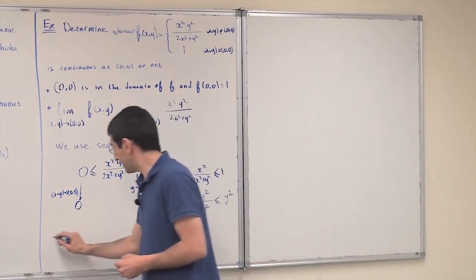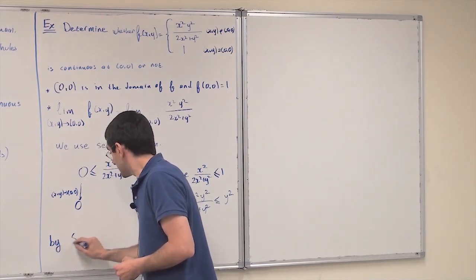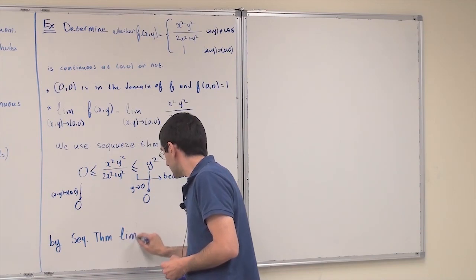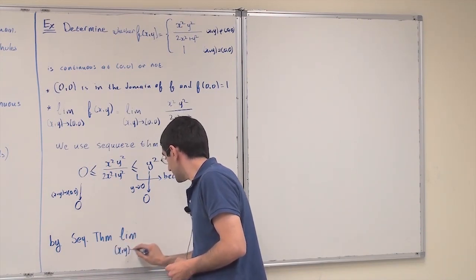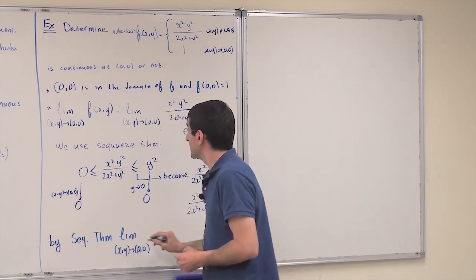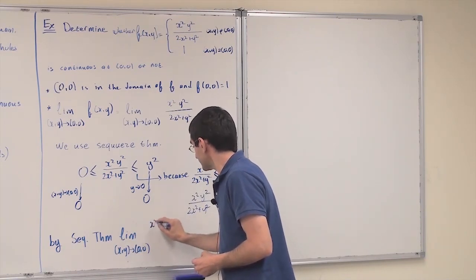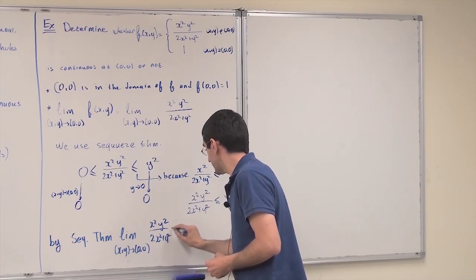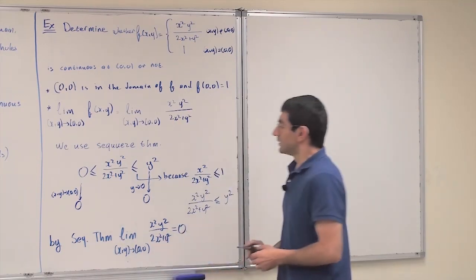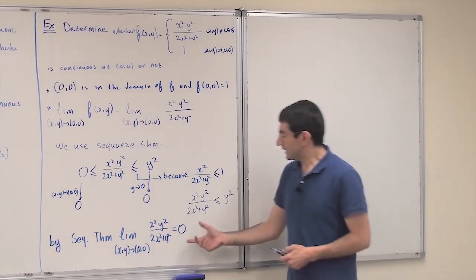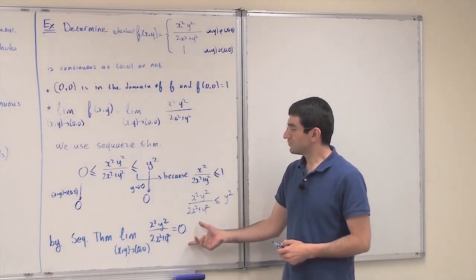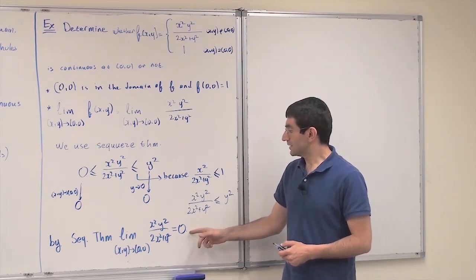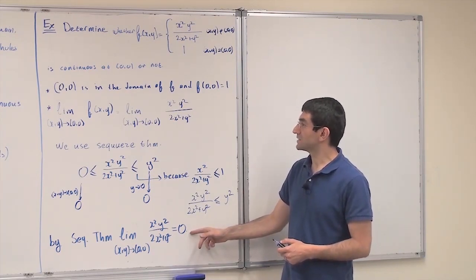So by the squeeze theorem, our limit is equal to 0. So now, in the definition of continuity, we have also satisfied the second condition. The limit of our function exists.